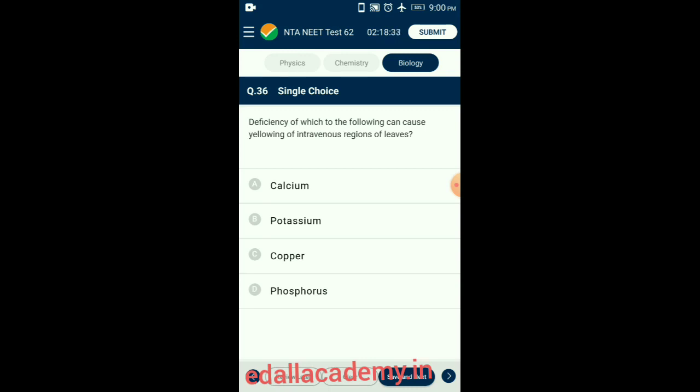Potassium deficiency causes scorched leaf tips, shorter internodes, and chlorosis in interveinal areas. Deficiency of copper shows necrosis of the tips of young leaves, while phosphorus deficiency causes premature leaf falling. So the answer is option B, potassium.